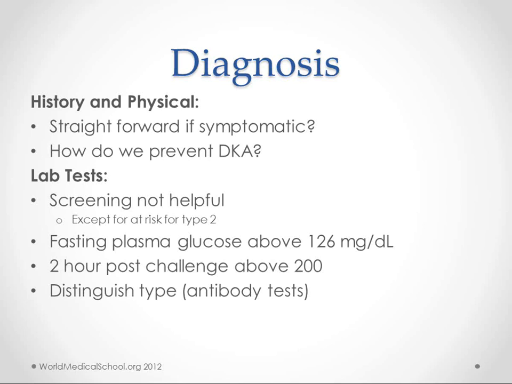So distinguishing type can be a little bit tricky sometimes in your kids who are at risk for type 2 but presenting with type 1, and currently that's still kind of based on risk factors and autoantibodies, and it's a little bit of a clinical diagnosis.